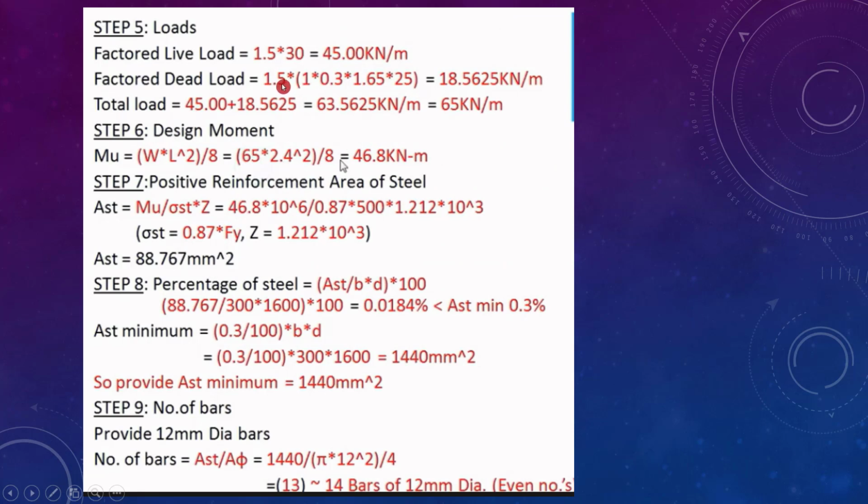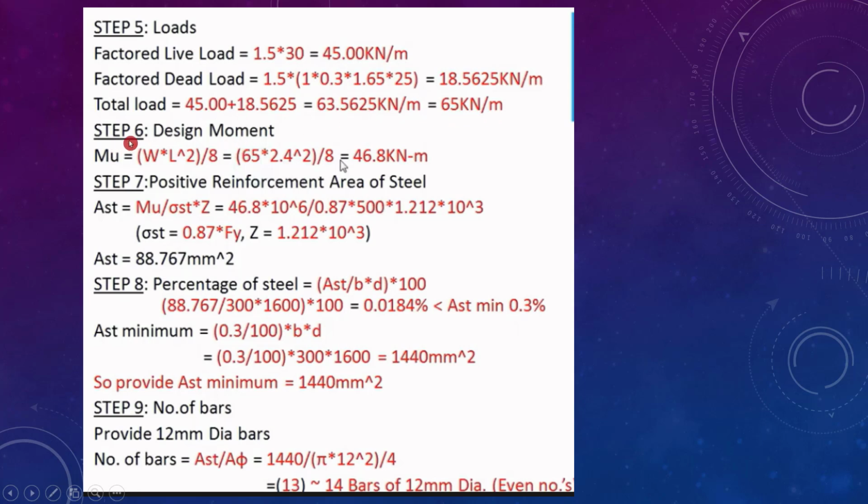Factoring with 1.5, 1.5 into 1 into 0.3, the breadth of the beam, into 1.65, the depth of the beam, into 25, the density of the RCC, gives the self weight of the beam as 18.5625 kN per meter. Adding the external load plus the dead load of the beam gives 65 kN per meter. So we establish the loads.